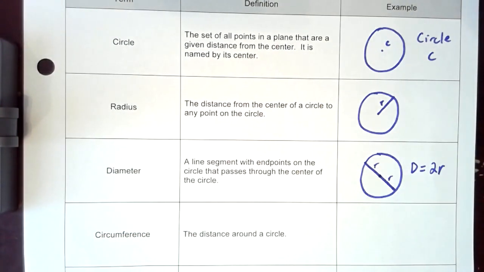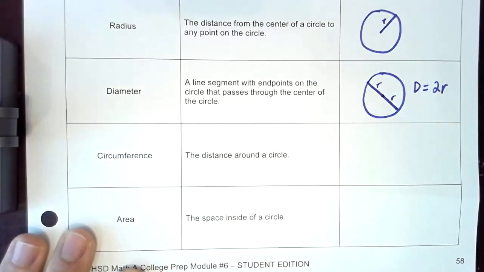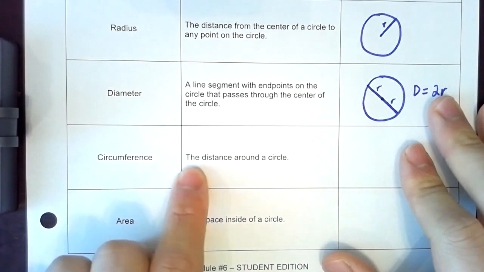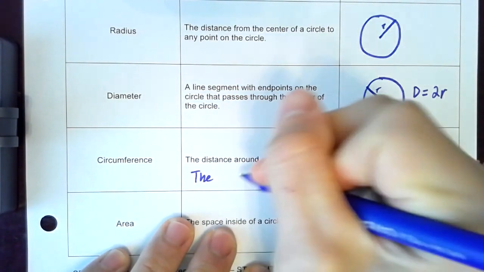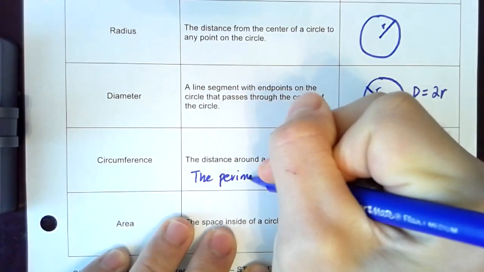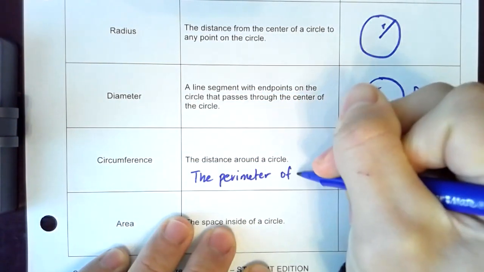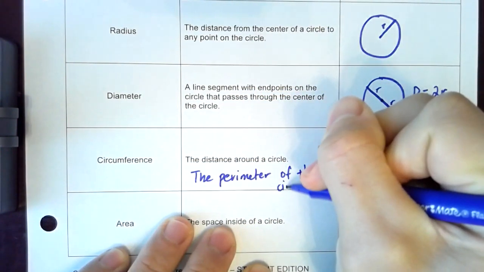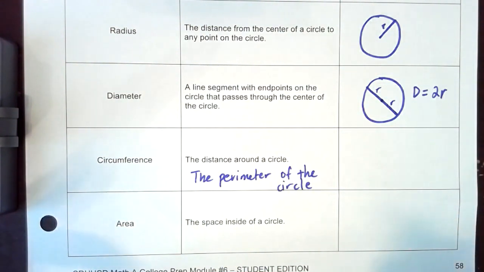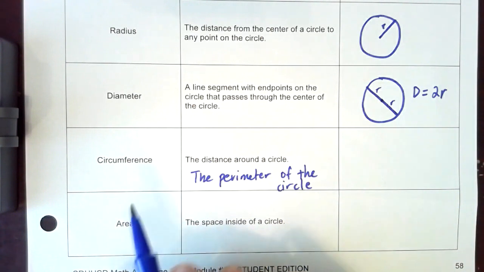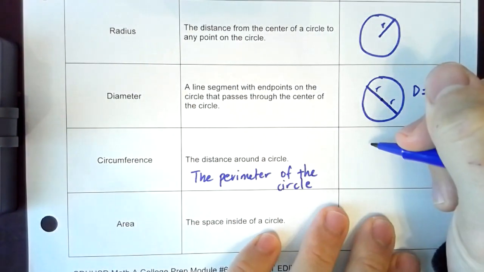Okay, and then now we're going to talk about circumference. So the circumference is the distance around a circle. You could think of it as the perimeter of the circle. And typically when we deal with other shapes, it's easy to find the perimeter because we just add up all the sides. But in this case, a circle does not have sides.